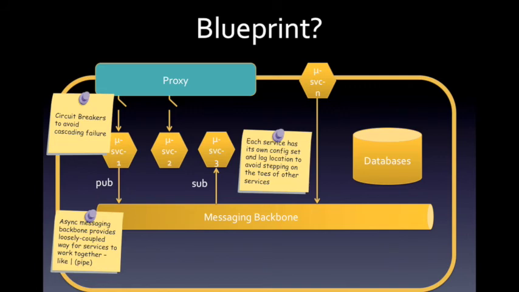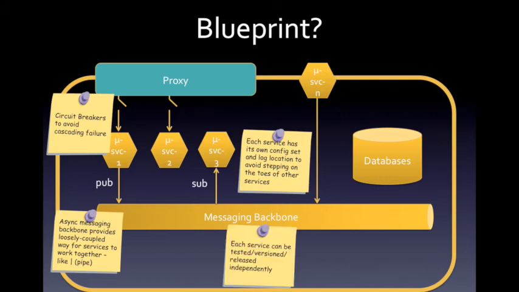So you need this idea of an asynchronous messaging backbone, and it provides the loosely coupled way for services to work together. Now, a benefit of complete independence and isolation is that each service can be tested, versioned, and released independently of each other.